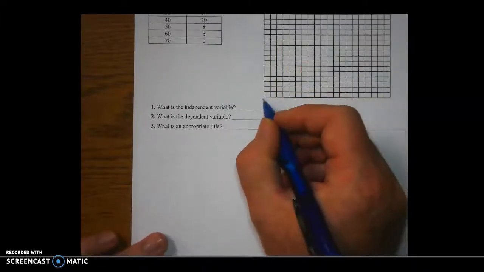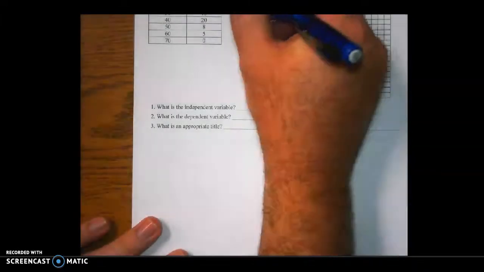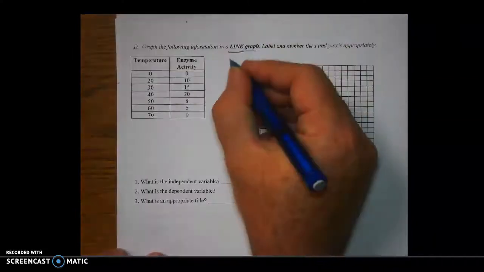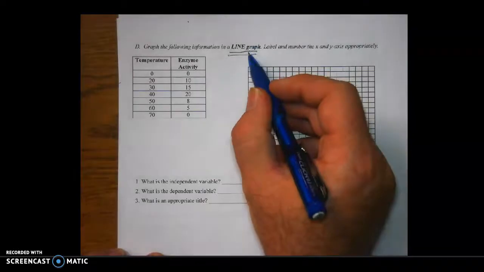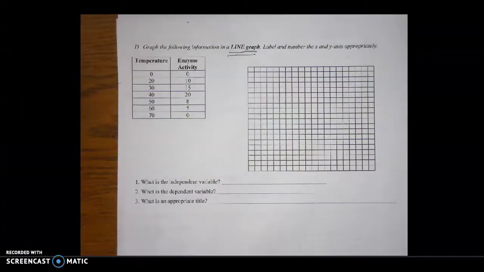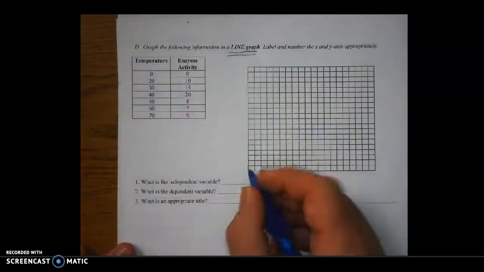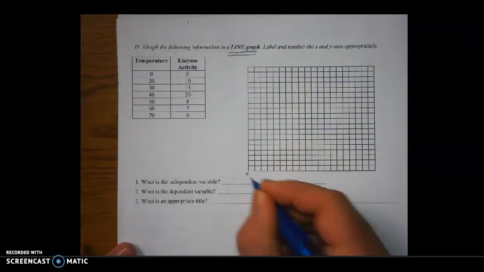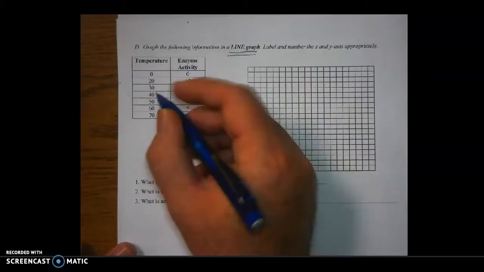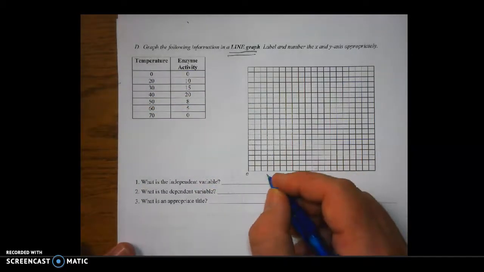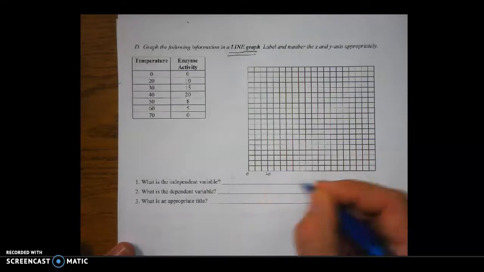And then finally, our last one, this time our 0 is going to be here, and this one is a line graph. Make sure you pay attention what kind of graph, up here, a line graph. Make sure you use the correct type of graph. And this time for our scale, we're going to start here at 0, 0. Then after we do that, we've got 6 points left, so we can spread them out by 3s again. This will be the temperature.